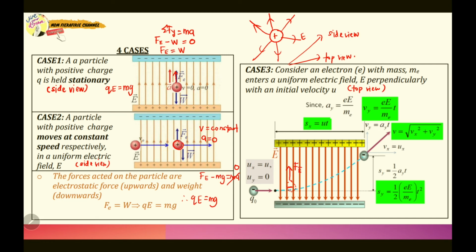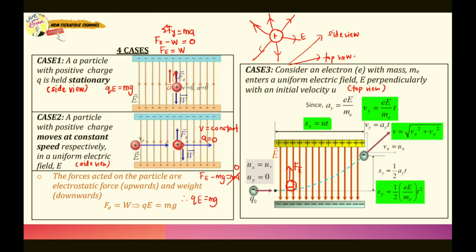Some of you asked, madam, why is the W not downward? In your lecture note, for example, why is there no W? Why do we ignore W, and why do case 1 and case 2 have W? In case 3, this is from the top view. When we look from above, the direction of W should be into the page.